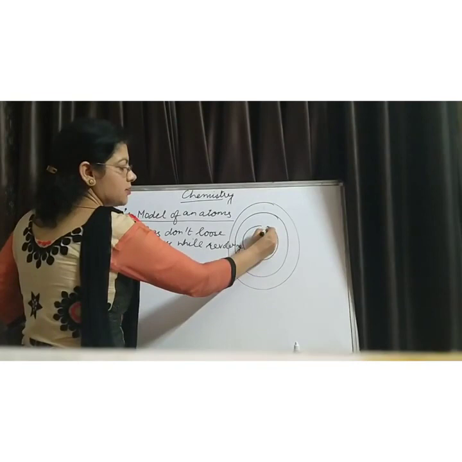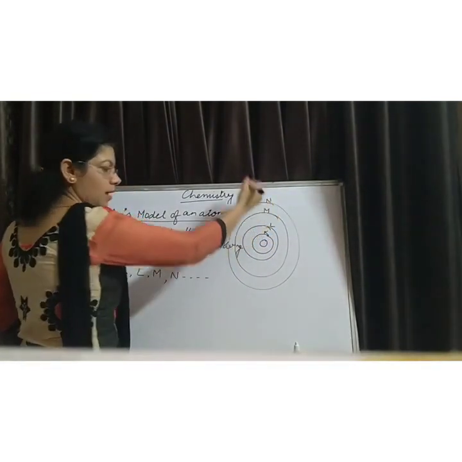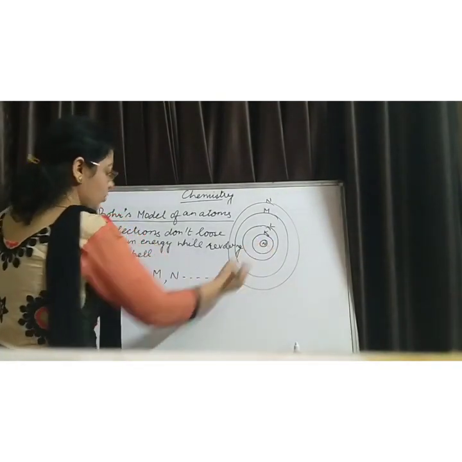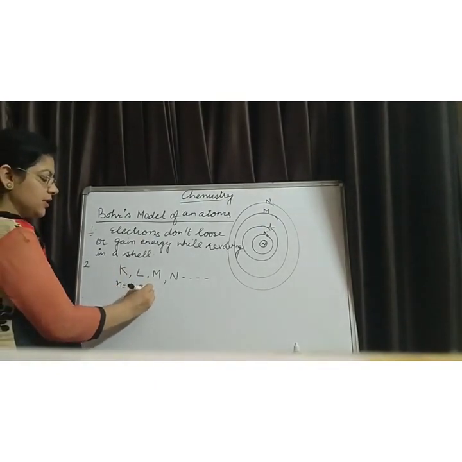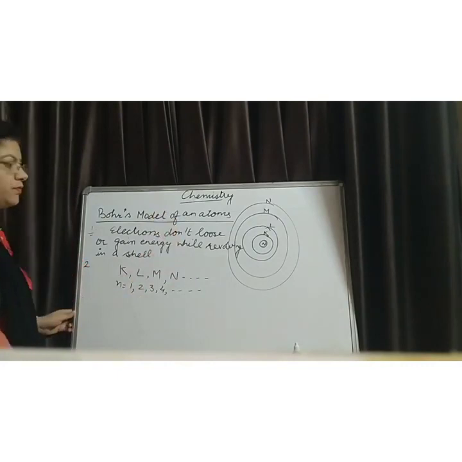Let us consider that this is K, then L, M, N, and so on. Also, these are represented as first shell, second shell, third shell, and fourth shell, and so on.